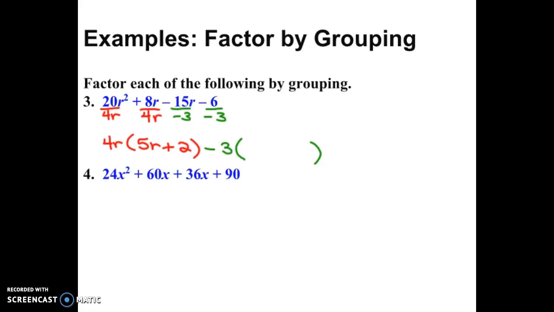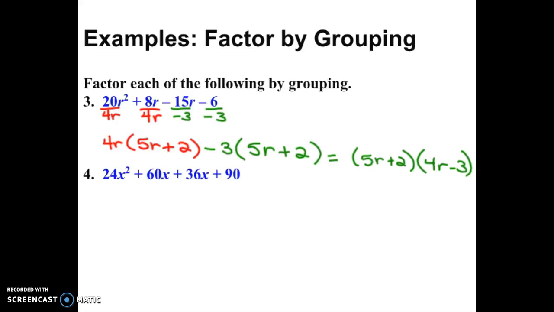So when you divide the last two terms by negative 3, you get a 5r plus 2 again, which you should. You should have the same thing in parentheses if you're doing it right. So at the end, my final answer, both of the terms have a 5r plus 2 in common, and when you take that out of each term, you're left with a 4r minus 3. So that would be the answer for that one.